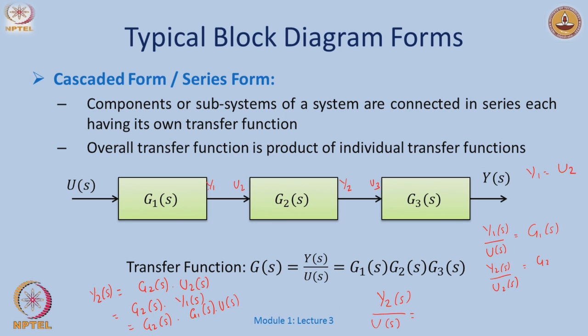Therefore, if I were to compute Y2 over U(s), that will simply be G1 times G2, again of s. Similarly, I could even do the third cascade. So, the overall Y divided by the overall U would be G1 times G2 times G3.